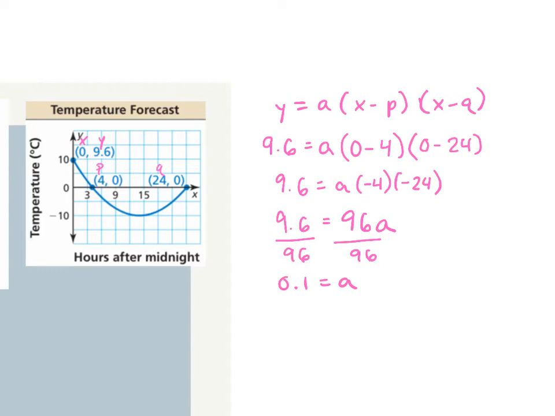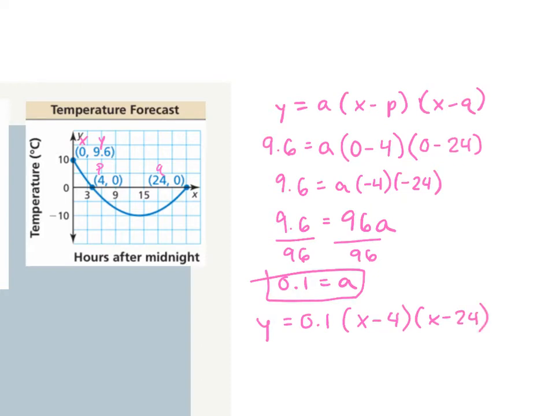What do we do once we find our A? We plug it in. So we have Y is equal to 0.1 times X minus our P, which is 4, and X minus our Q, which is 24.